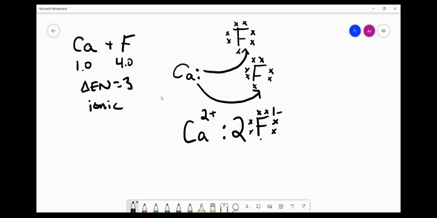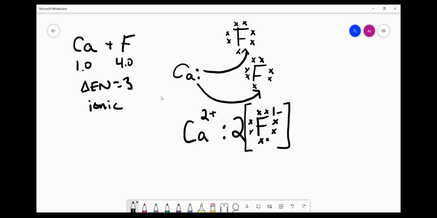And we'll draw them like so. I'll just put a bracket around those fluorines saying that the 2 applies to each of them. So 1 calcium, 1 2+ charge, in a ratio with 2 1- charges.